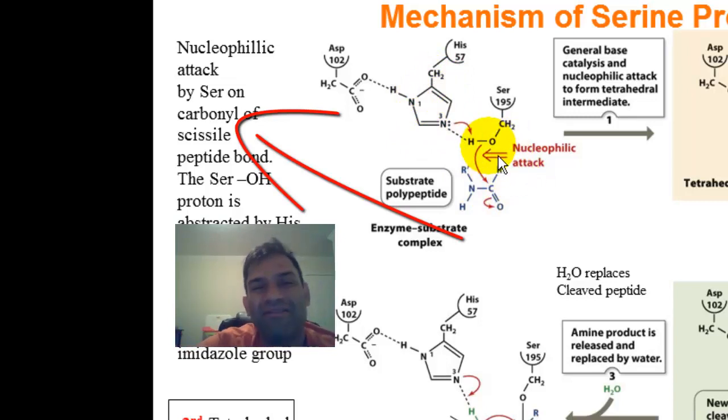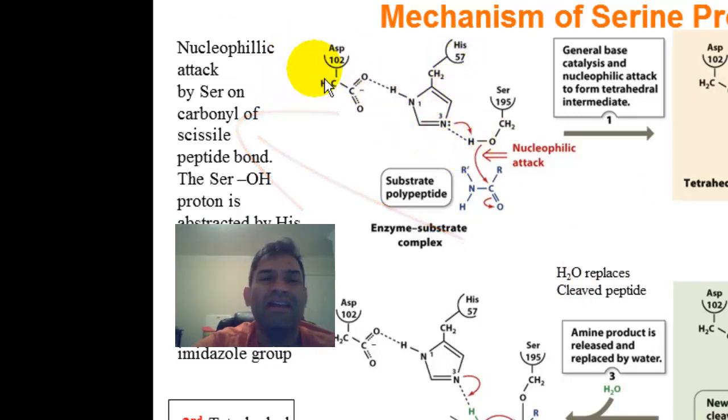The net effect of all of this is making that oxygen more and more nucleophilic, because you have a tug, you have a pull. What's causing that pull? It's this hydrogen bonding pull from two important amino acids, histidine and aspartate.